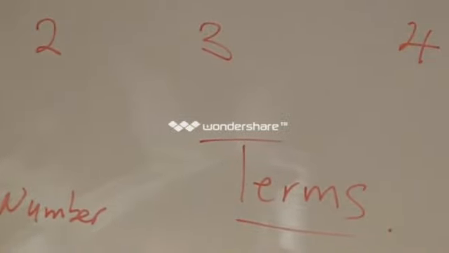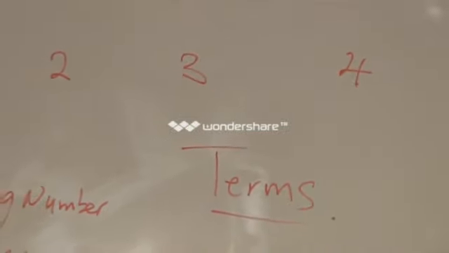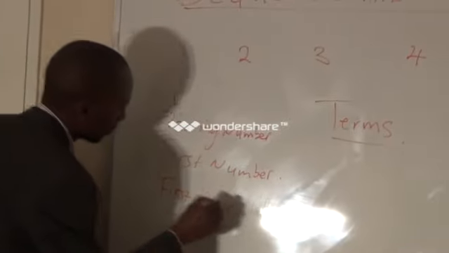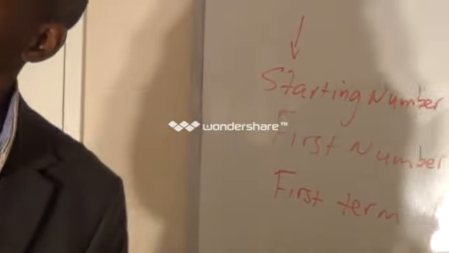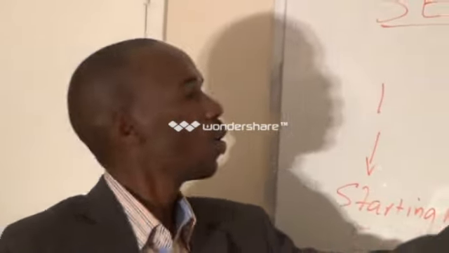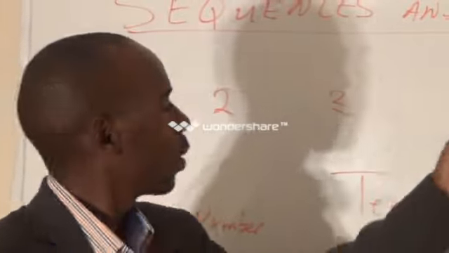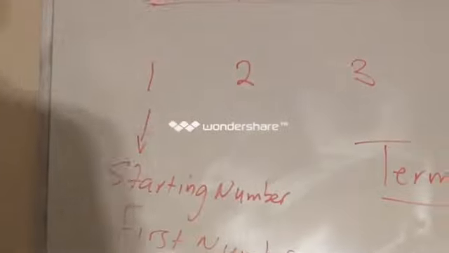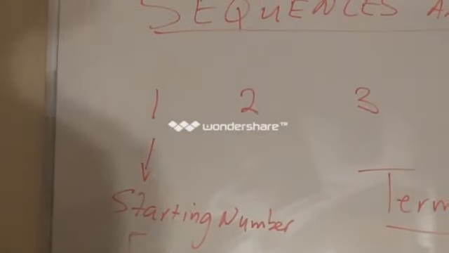So, I can come and say, this is my first term, that one, 1. Then obviously, 2 becomes my second term. 3 becomes my third term. 4 becomes my fourth term. 5 becomes my fifth term. Are we happy? Good.